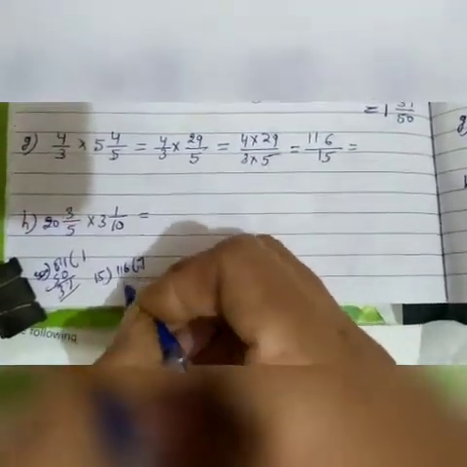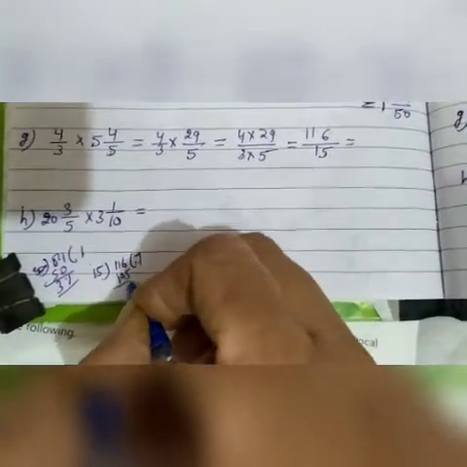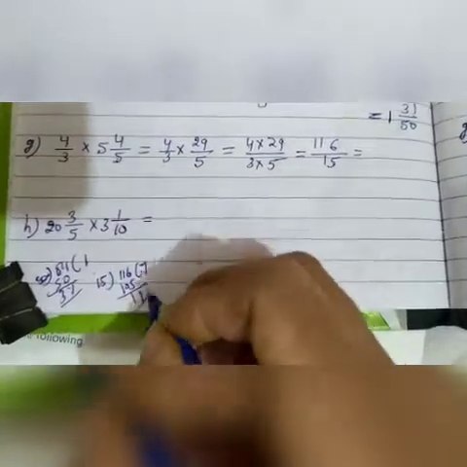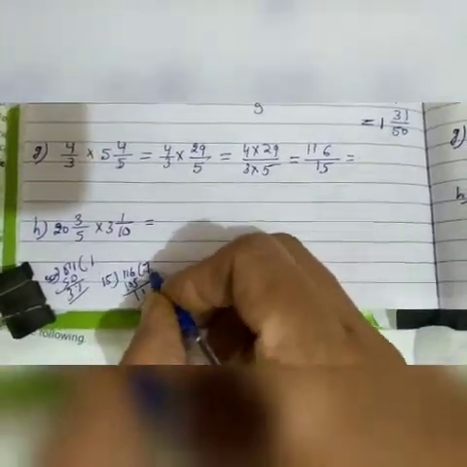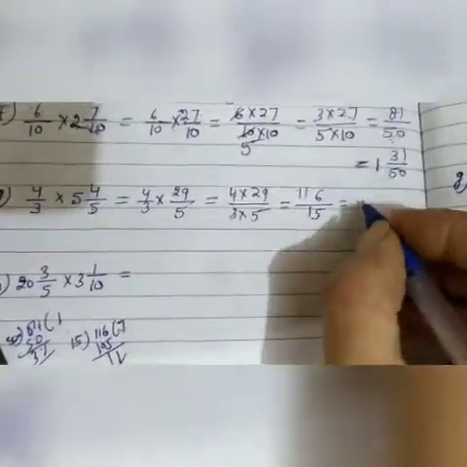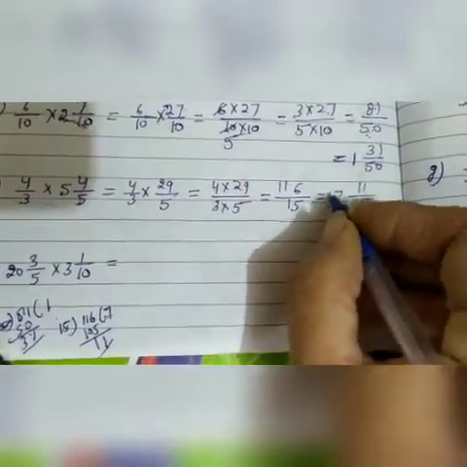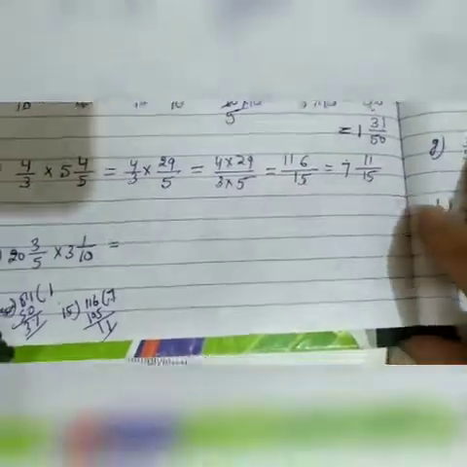So we will write 15 7 ja 105. 6 minus 5, 1, 1 minus 0, 1. So we will write it as 7 and 11 upon 15. This is known as a mixed number.